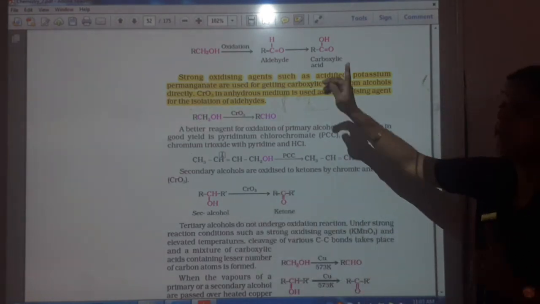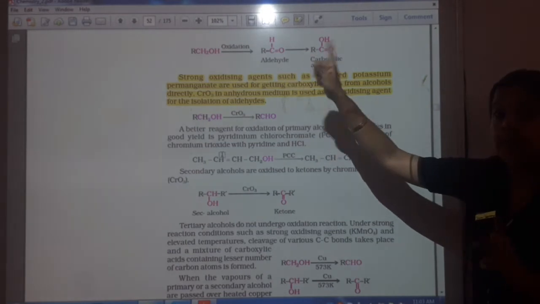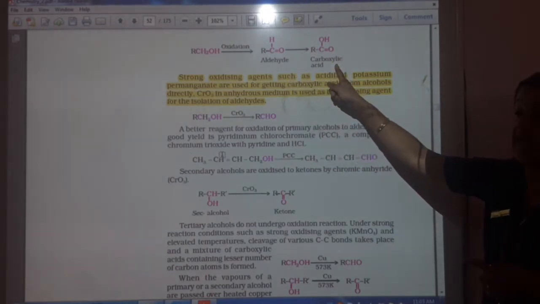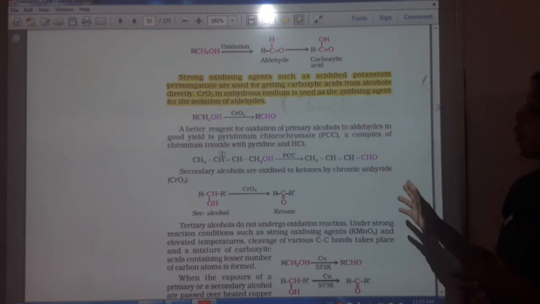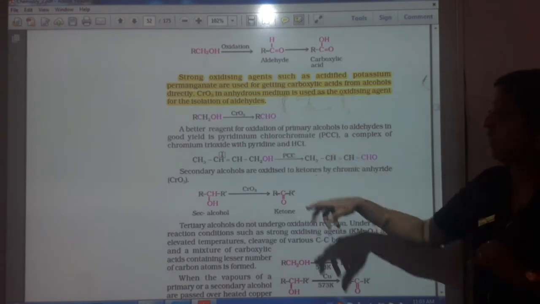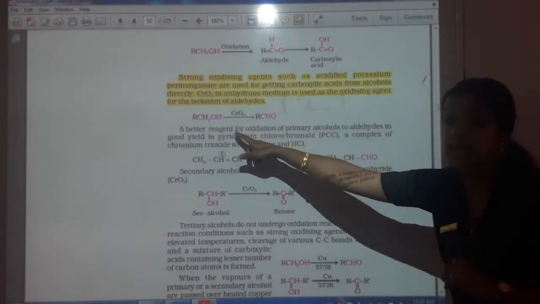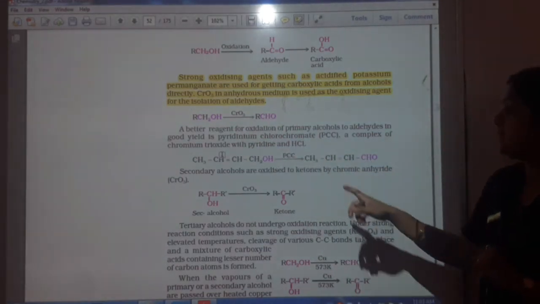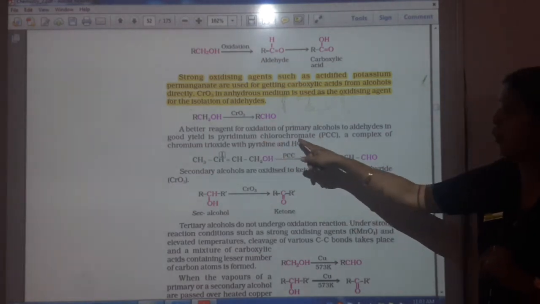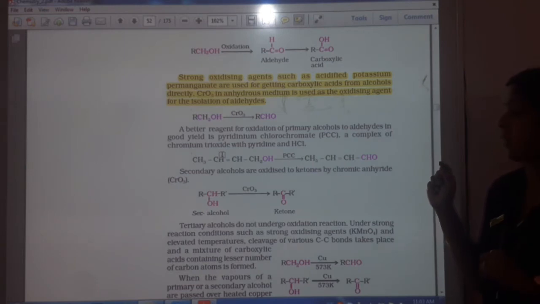So remember children, the reverse is nothing but primary alcohol on oxidation gives aldehyde, which again gives an acid. We use strong oxidizing agents like potassium permanganate, chromic oxide. Okay. Now this primary alcohol which gives an aldehyde, you can also use PCC, that is pyridinium chlorochromate. It comes in 1 mark question.